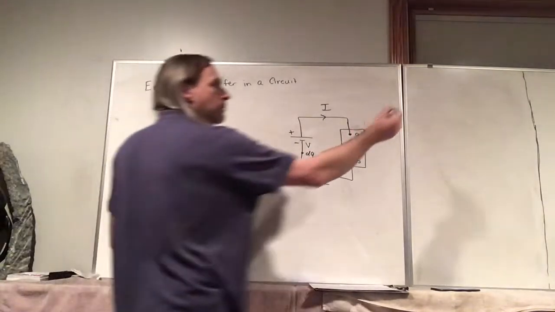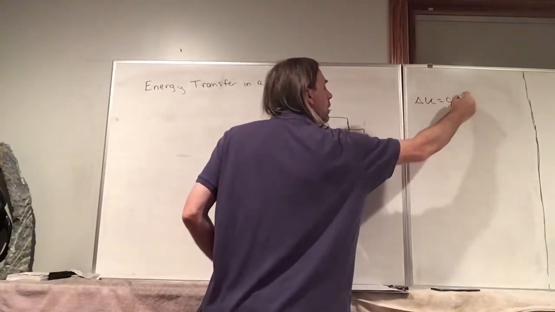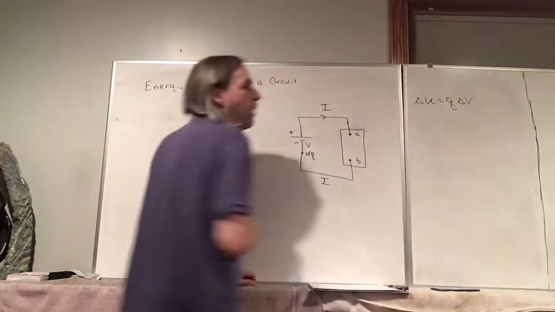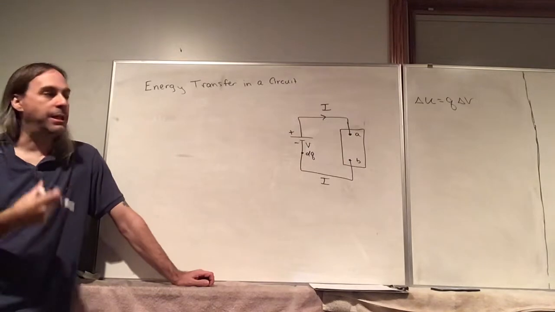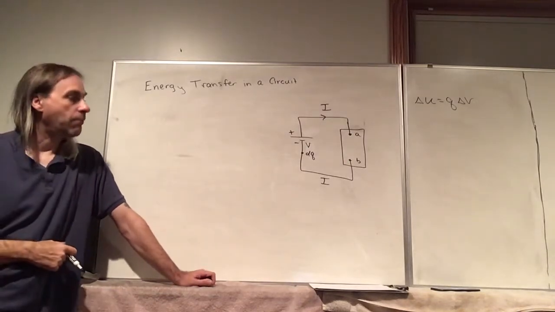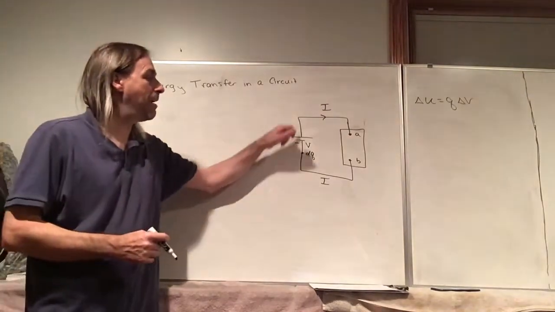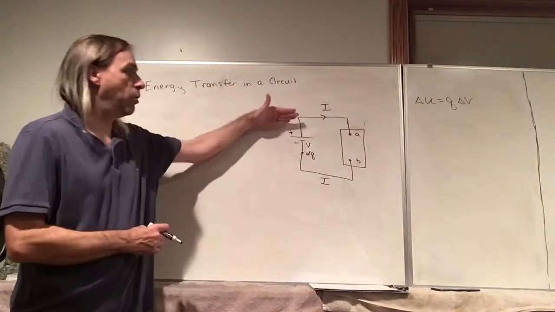The basic equation: the change in potential energy is equal to the charge times the change in potential. And so it gains an amount of energy, dq times v, going through the battery.